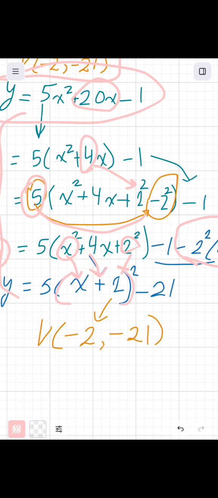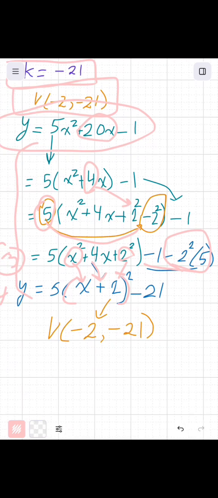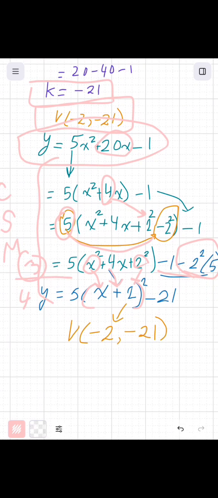Now I perfected the square, x plus 2 whole squared, and this all is minus 21. So finally, this is the vertex form of the given quadratic equation: 5 bracket x plus 2 whole squared minus 21, and you can clearly write the point of vertex out of this equation.